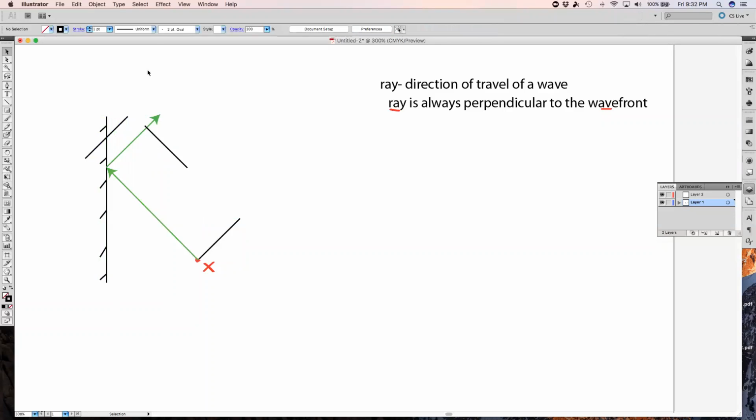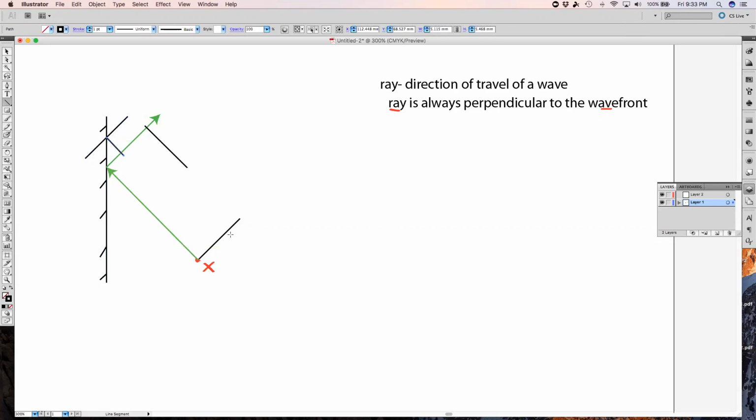What it looks like while it's being reflected is you draw this one here as if the wall wasn't interfering with it. And this part of it here wouldn't be there. This part will simply be reflected along like this, about the wall like that. And this would be the wavefront while it is being reflected.